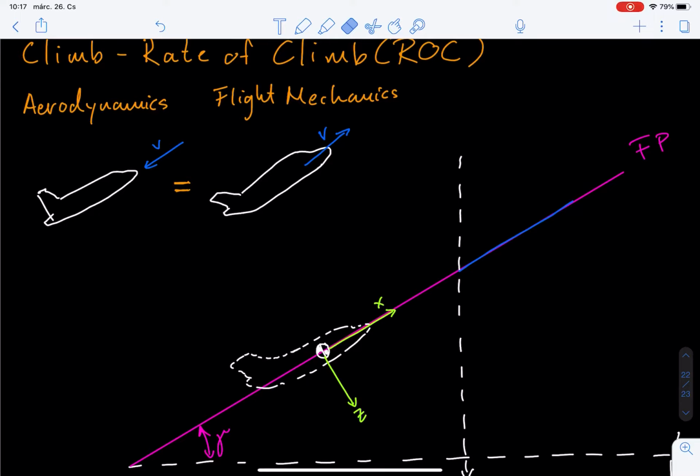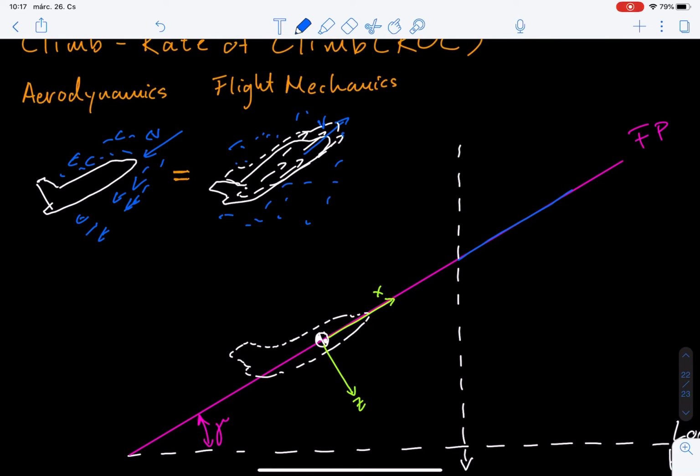So the velocity is the same, it's just pointed differently, and so it's not the air mass which is moving around the stationary aircraft, but actually the aircraft is moving through the, let's say, fairly stationary mass of air. And the altogether effect, aerodynamically speaking, is the same.